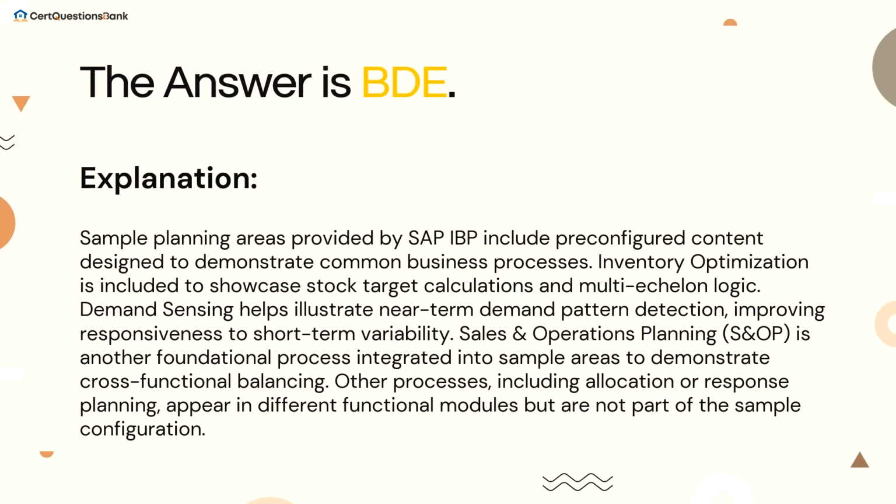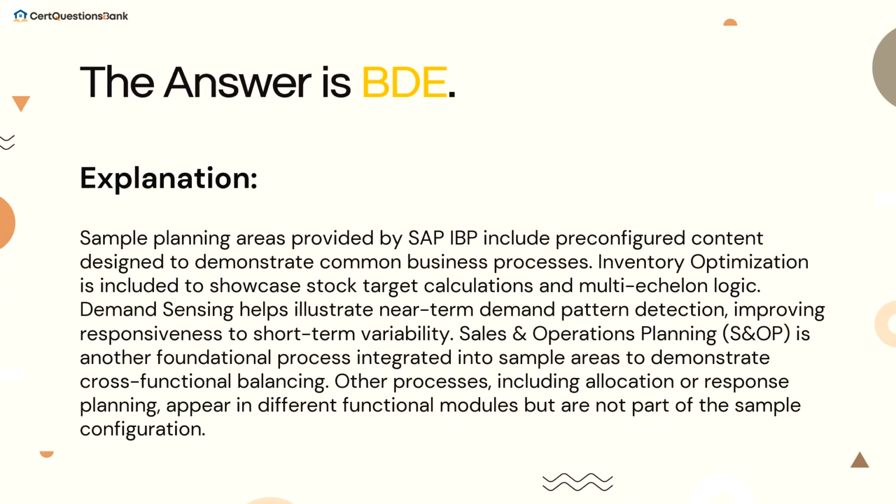E. Sample planning areas provided by SAP IBP include pre-configured content designed to demonstrate common business processes. Inventory optimization is included to showcase stock target calculations and multi-echelon logic. Demand sensing helps illustrate near-term demand pattern detection, improving responsiveness to short-term variability.